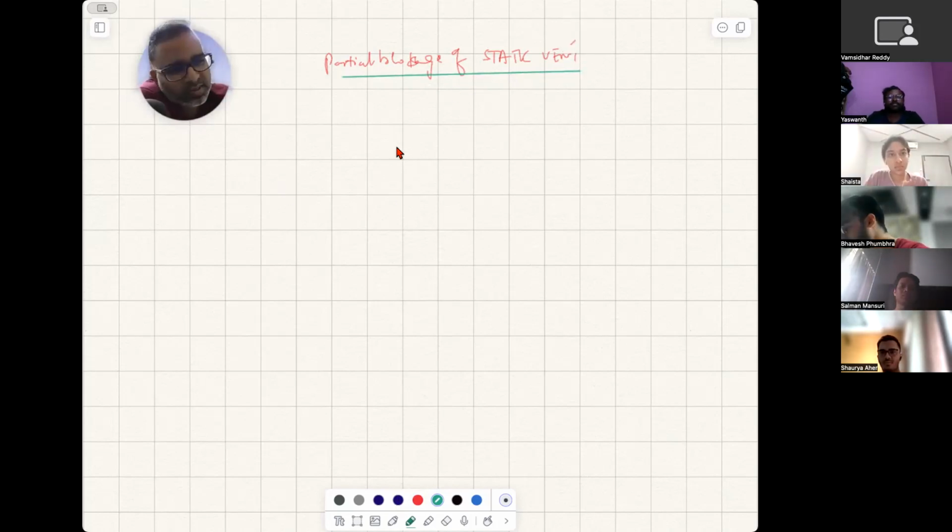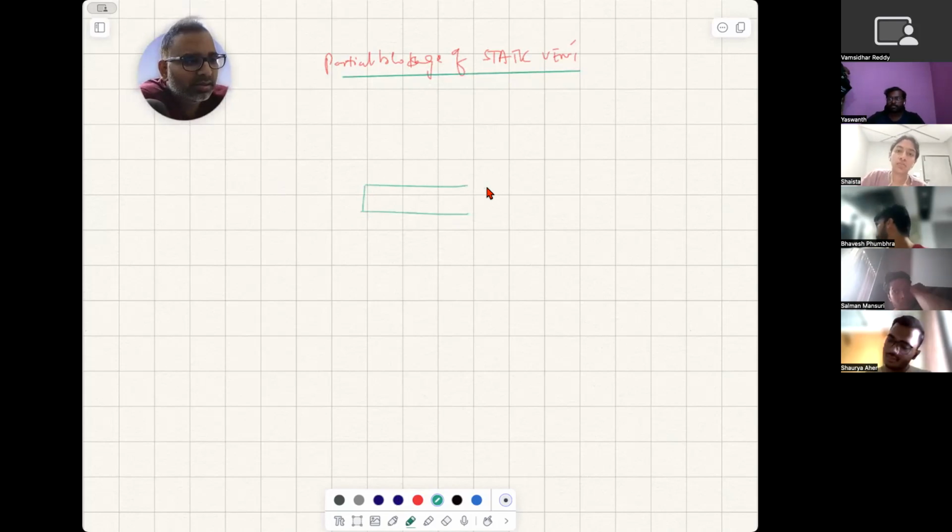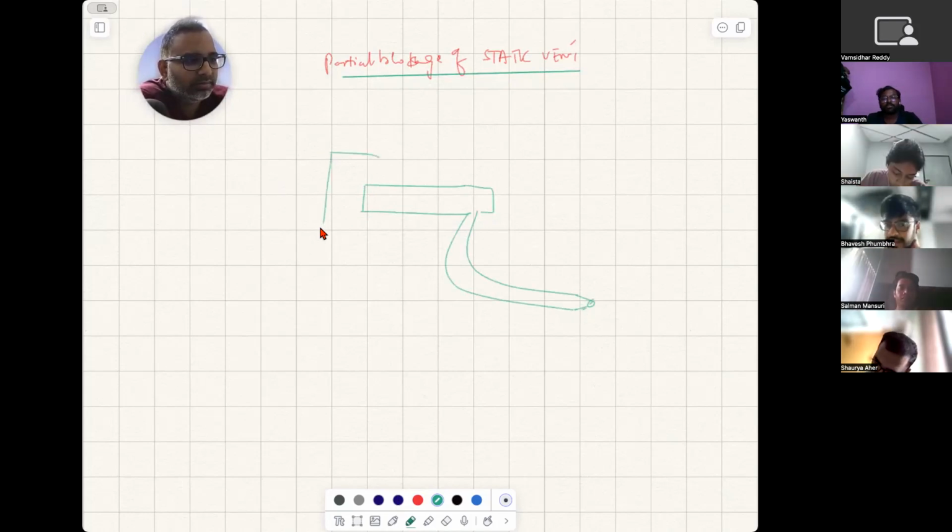So, partial blockage of a static vent. Same thing here. Pitot, aneroid capsule, pitot tube, case.